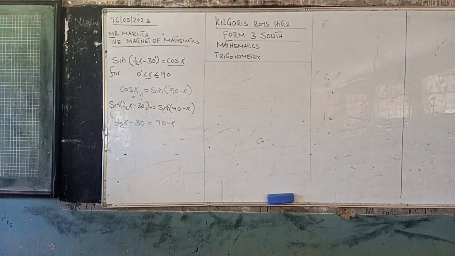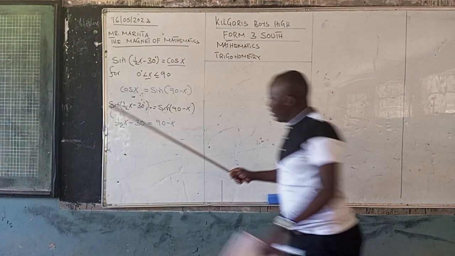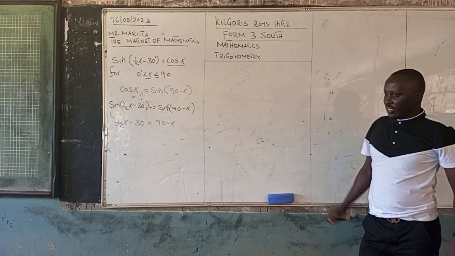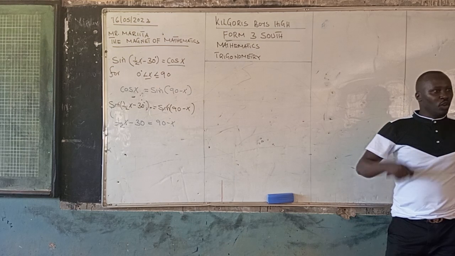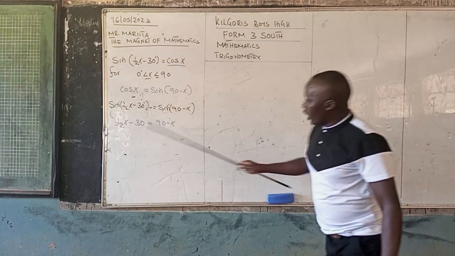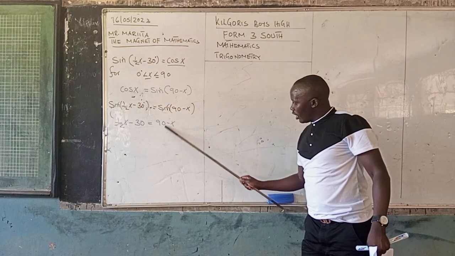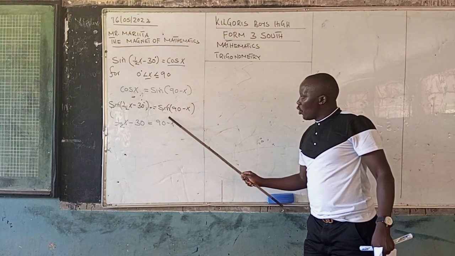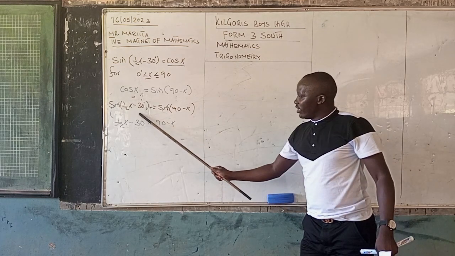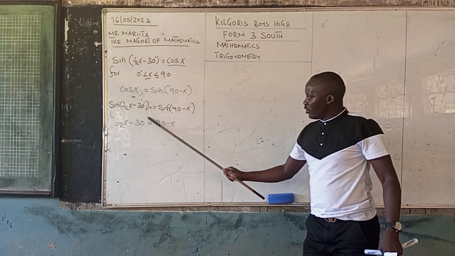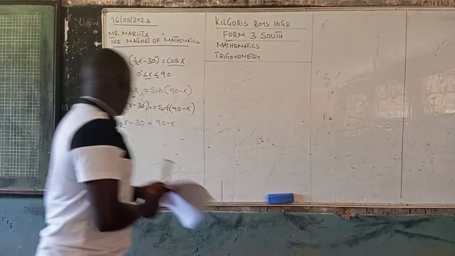At this point you bring the like terms together. Moving a term across the equal sign changes its sign.